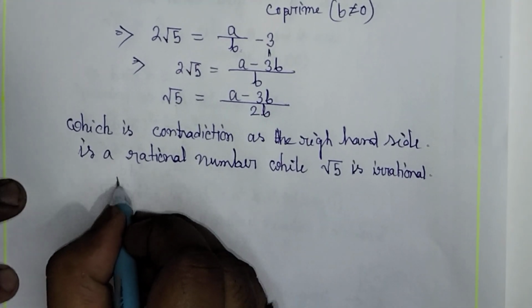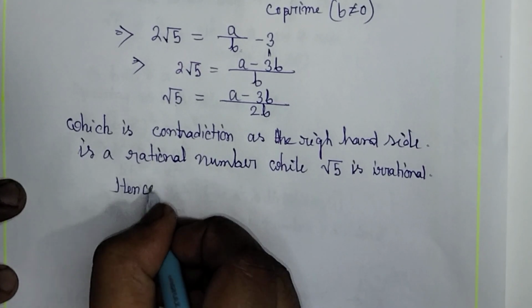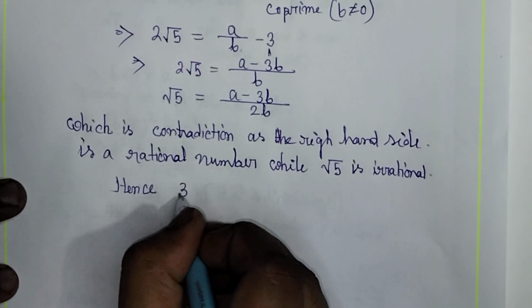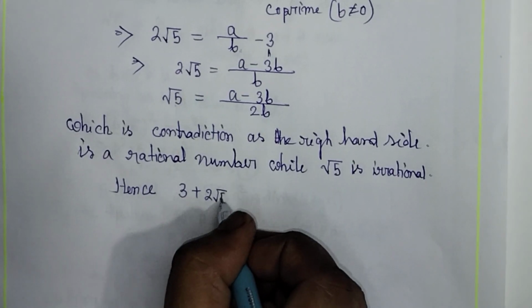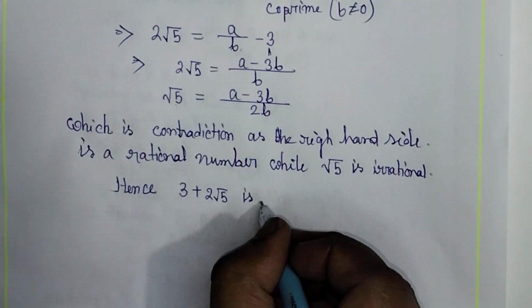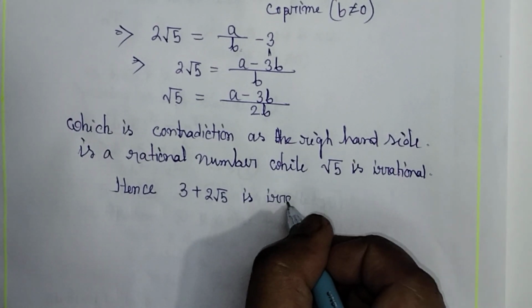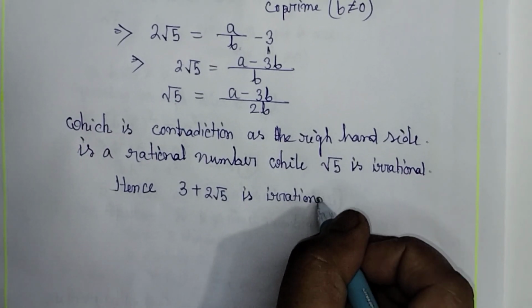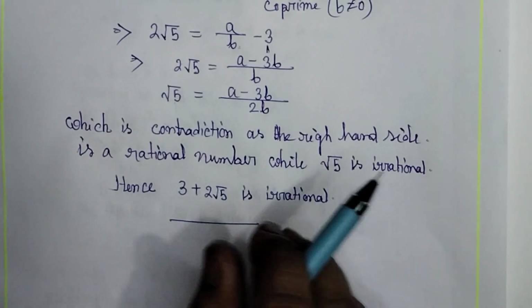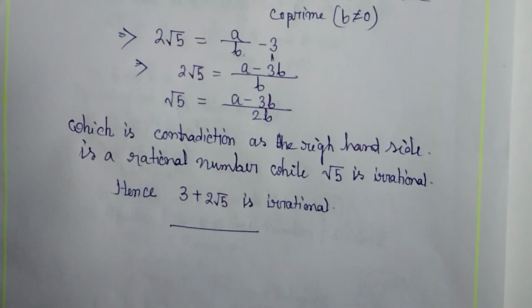Hence 3 plus 2 root 5 is irrational. Hence proved.